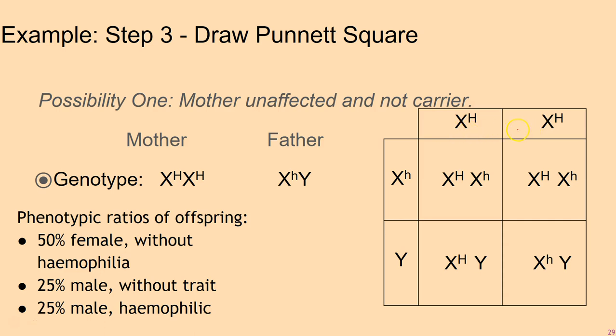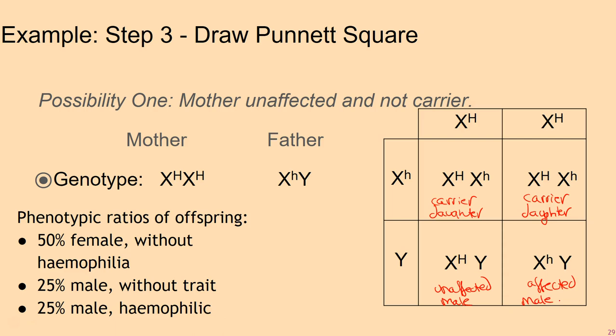So homozygous mother, then our affected father, which would give us a carrier daughter. This would also be a carrier daughter. This would be an unaffected male in our phenotype and an affected male in our phenotype.